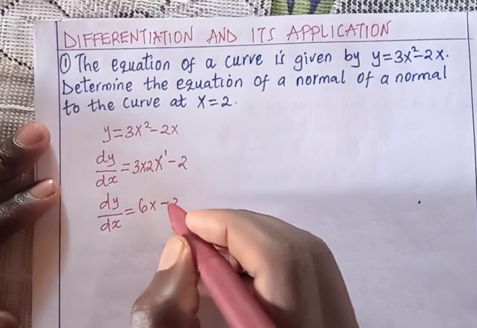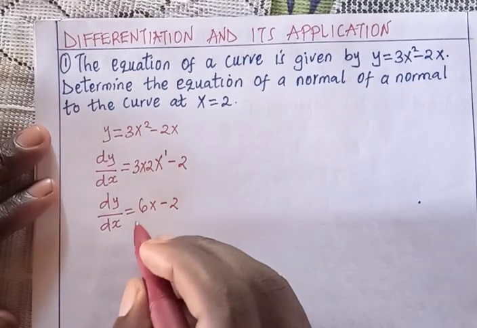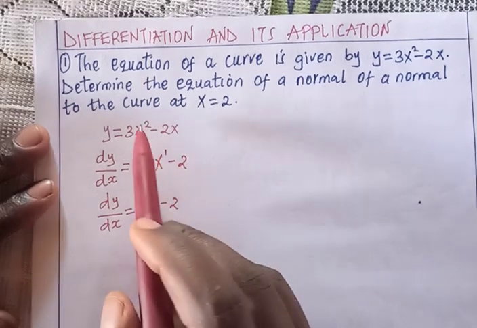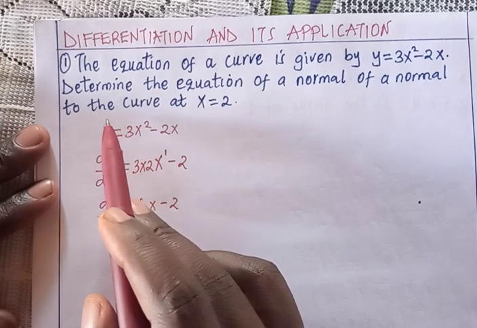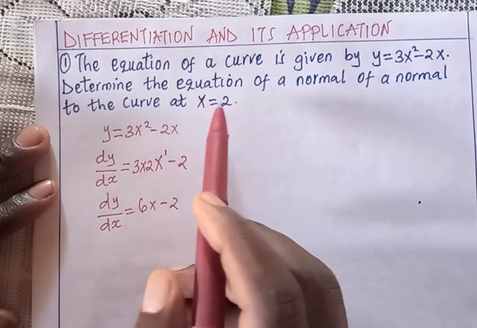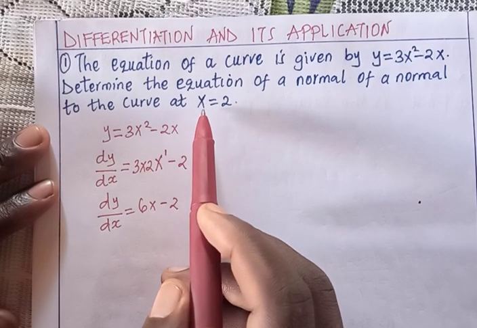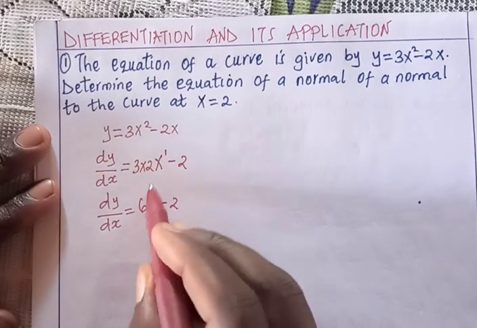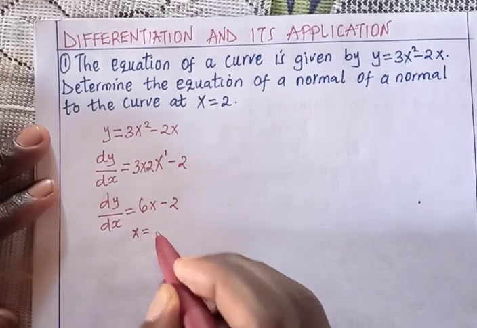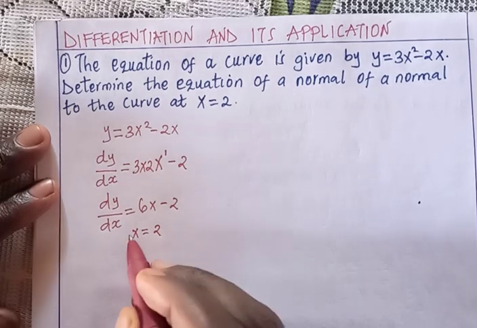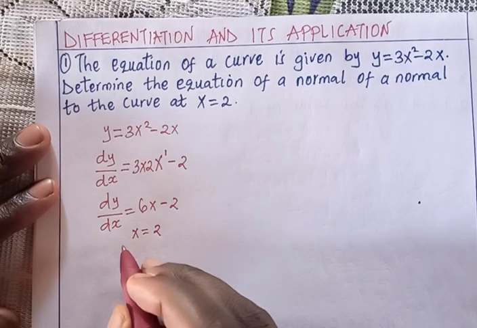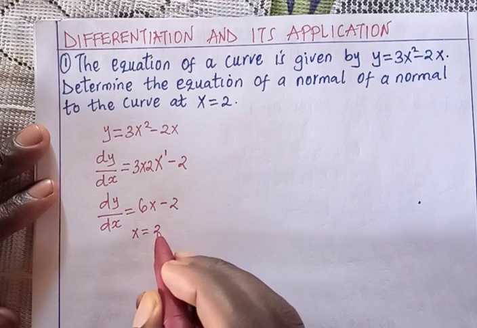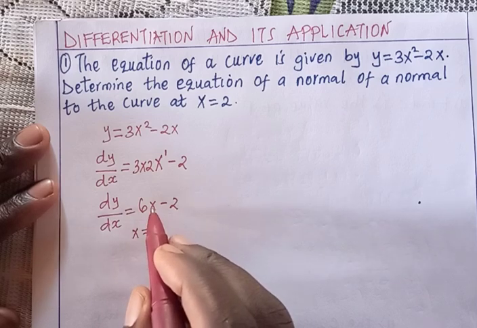Now, for us to be able to work out the gradient, we have to remember that at the point we have the x coordinate, which is positive 2. Now x is equal to 2. Our gradient is going to be complete if we substitute this 2 into x.